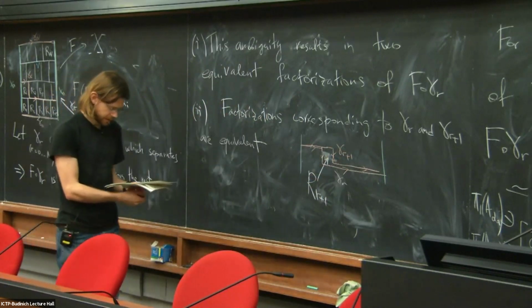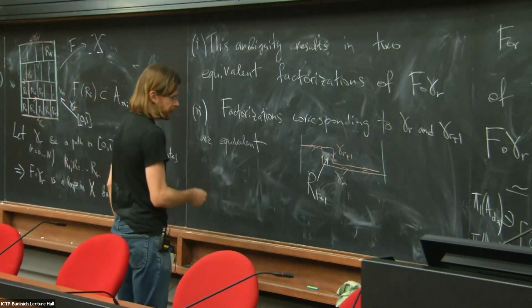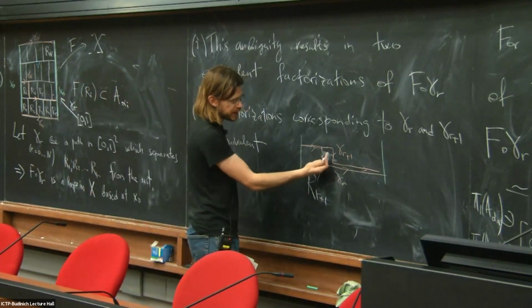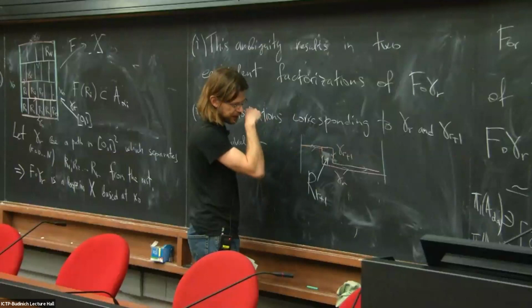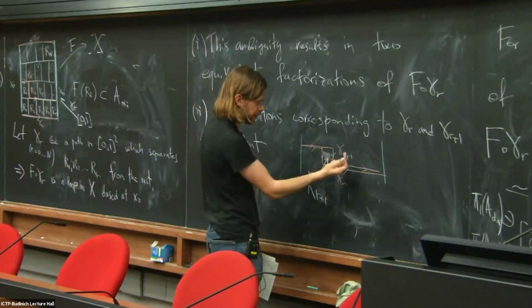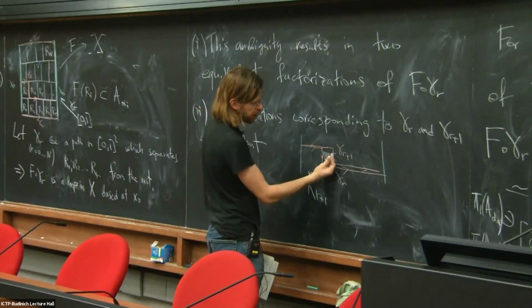And this means that, obviously, if you consider this as a path in this square which we have here, you can homotope gamma r and gamma r plus 1.